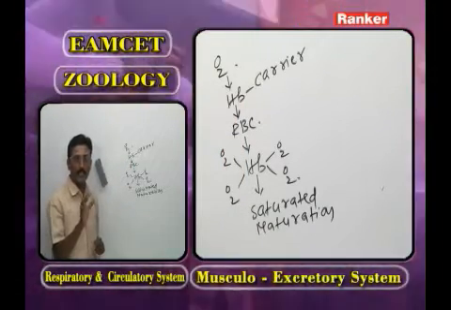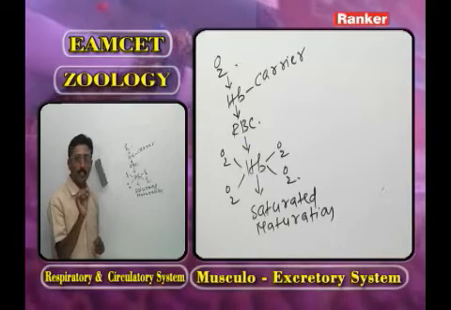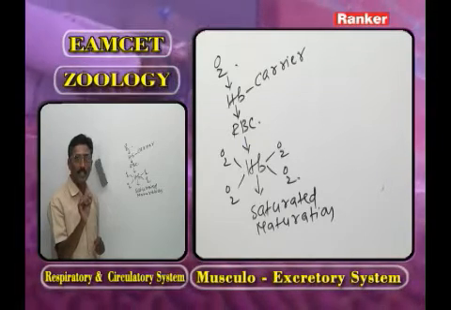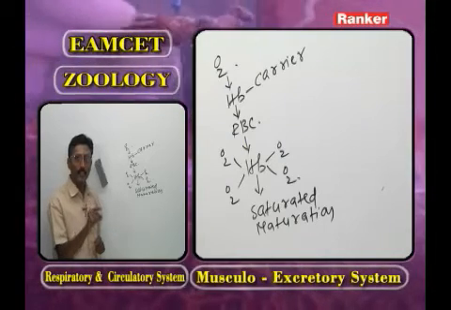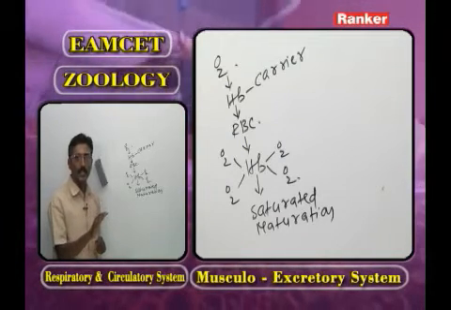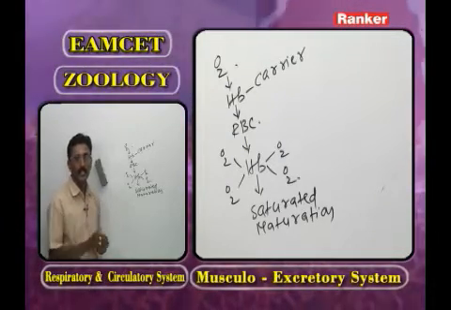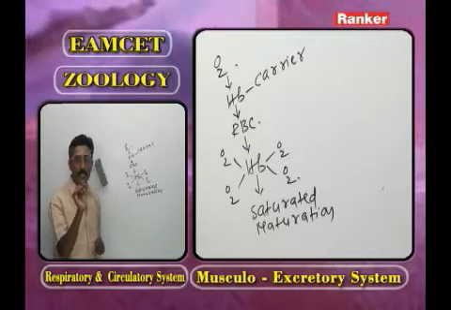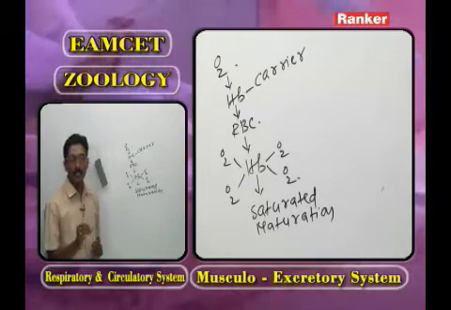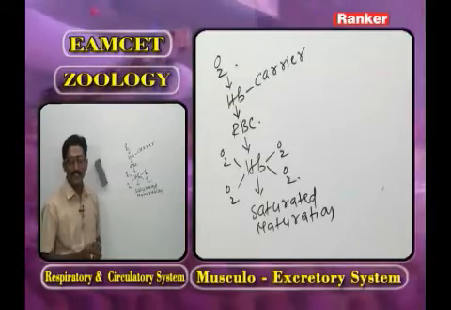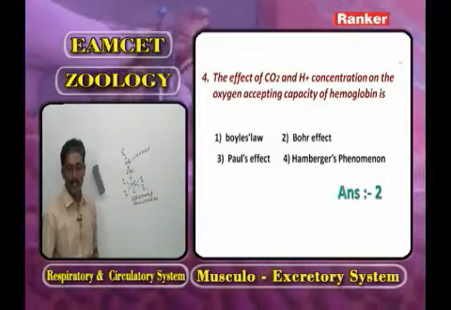It means the transportation of oxygen by hemoglobin is influenced by carbon dioxide and H plus concentration. This concept was explained by Bohr. Hence it is called Bohr effect. Now the answer is the second one. Now we go for the next question.